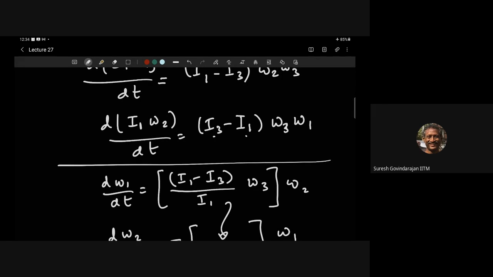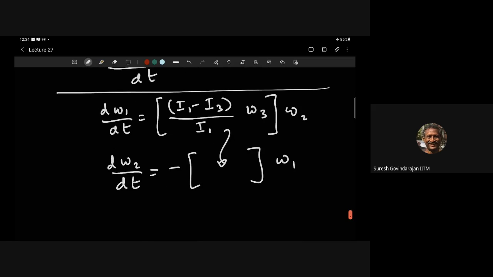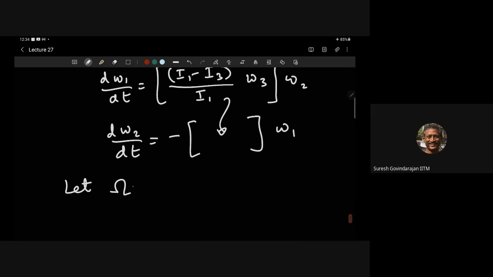Let me make an assumption about I3. These are all numbers, so let omega be equal to the magnitude of (I1 minus I3)/I1 times omega 3. I put a magnitude here because I3 might be greater than I1, we don't know that.